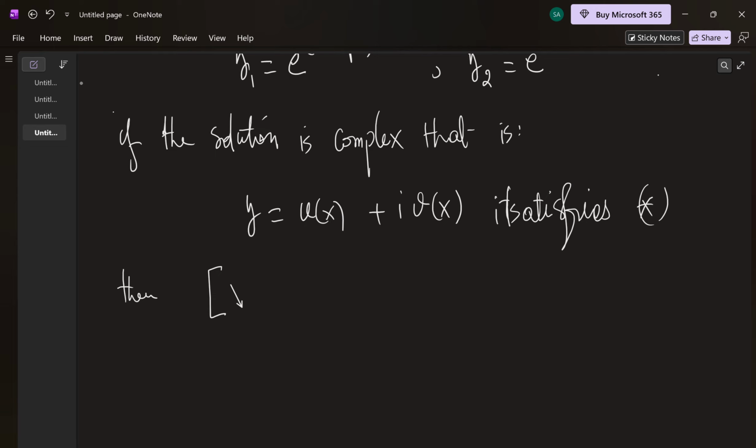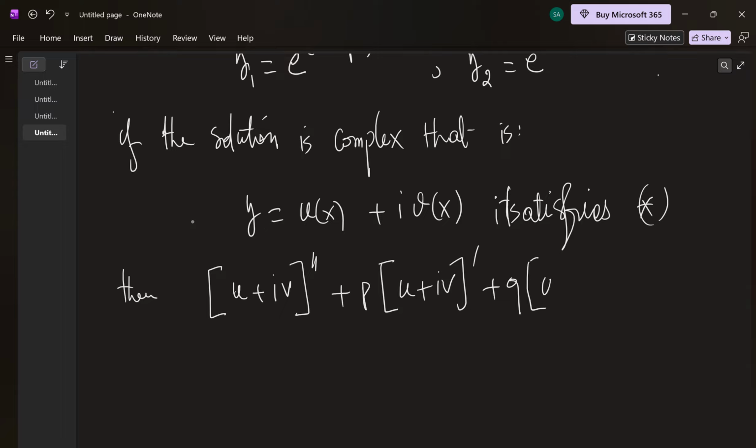u plus i v, double prime, plus p times u plus i v, prime, plus q times u plus i v, is equal to 0. Since this is equal to 0, we will gather together the imaginary and the real part of this equation.